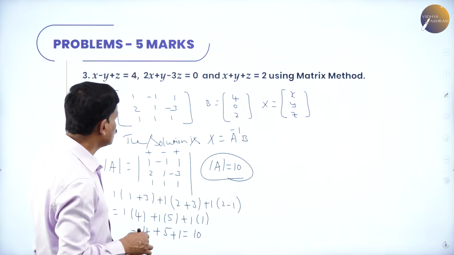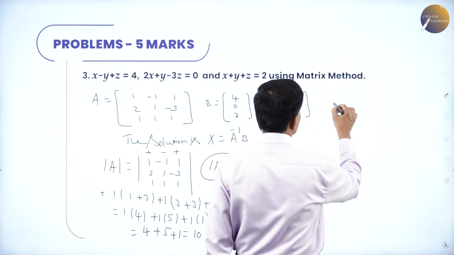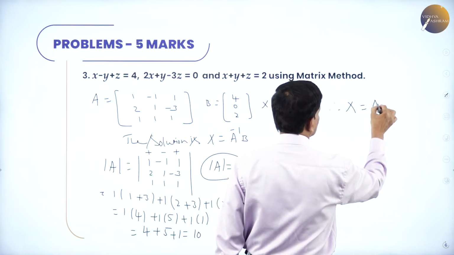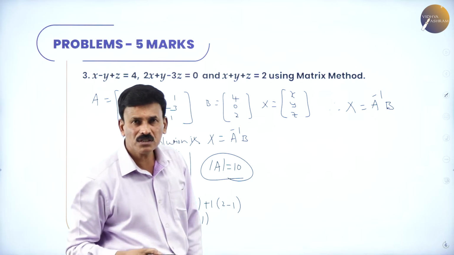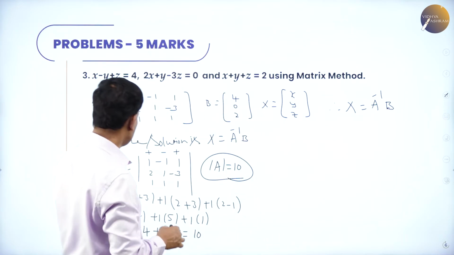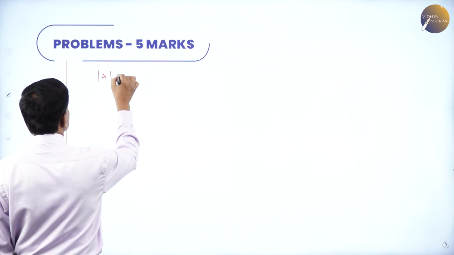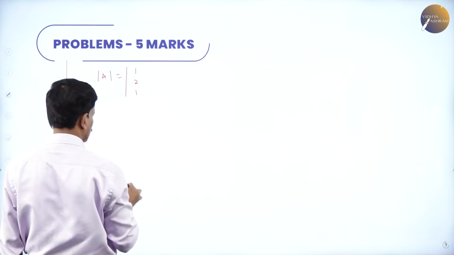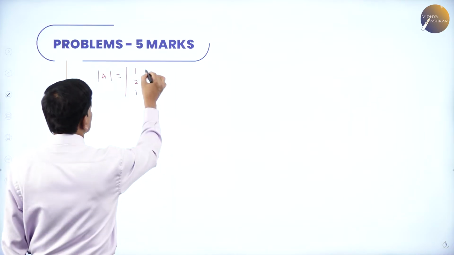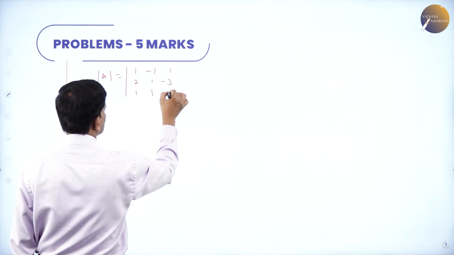Now let us find out the cofactors. Therefore the solution X is equal to A inverse into B. Let me take this after finding the cofactors. I will go to the next page and start with the cofactors. So A is the matrix 1 minus 1 1, 2 1 minus 3, 1 1 1.